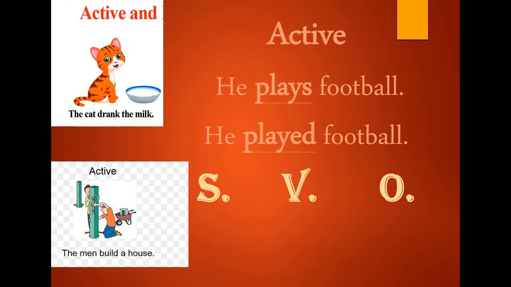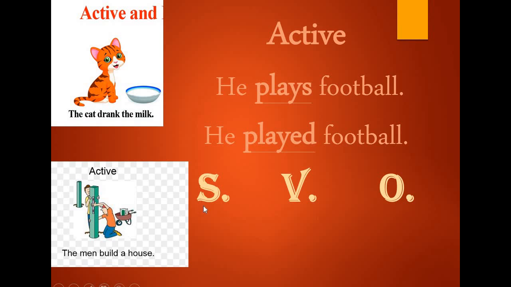When I say active sentence, he plays football, or the cat drank the milk. The men built a house. He played football. So simply, the active sentence is a normal sentence that starts with a subject, and then verb, and then object.